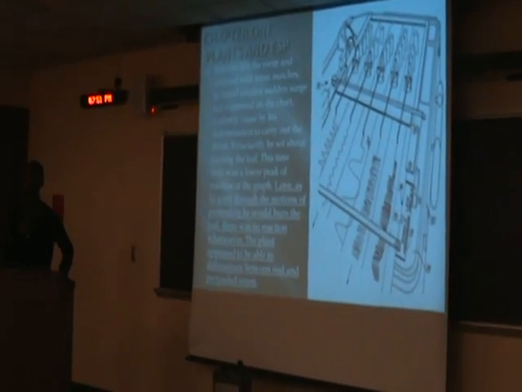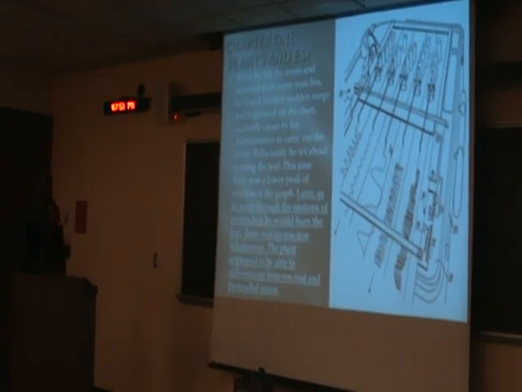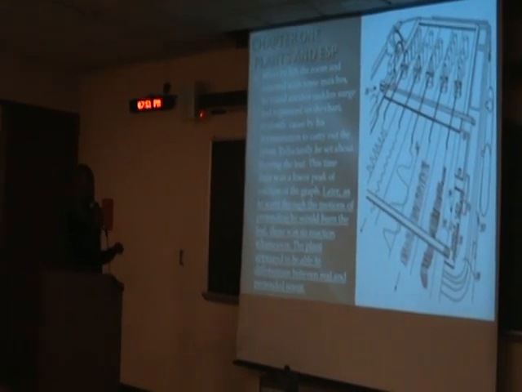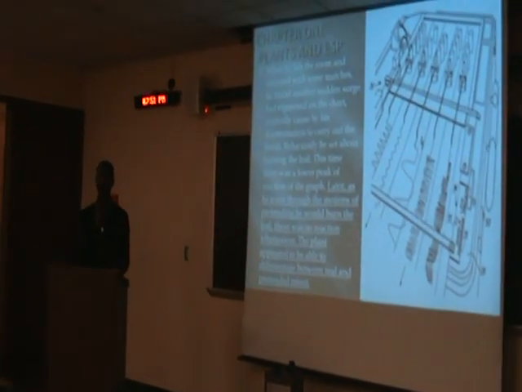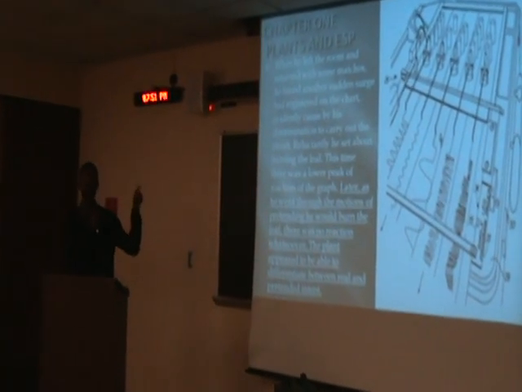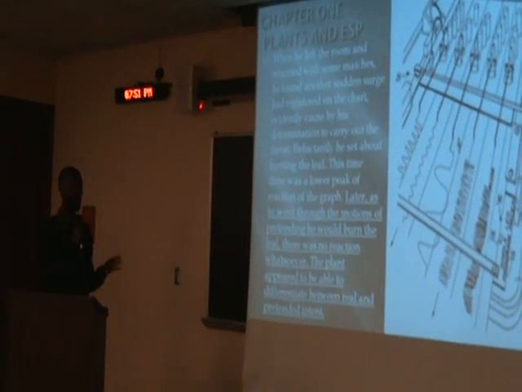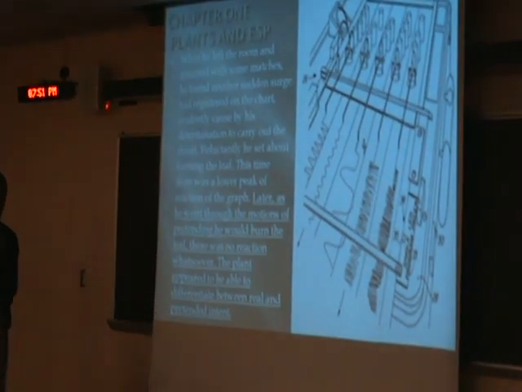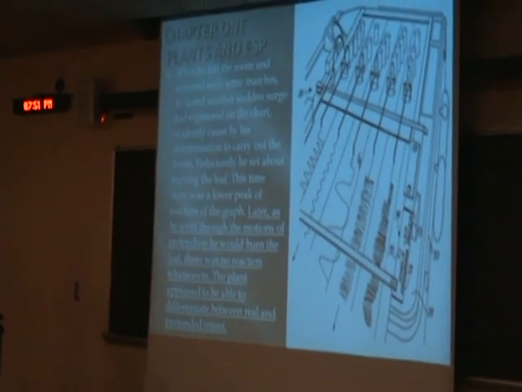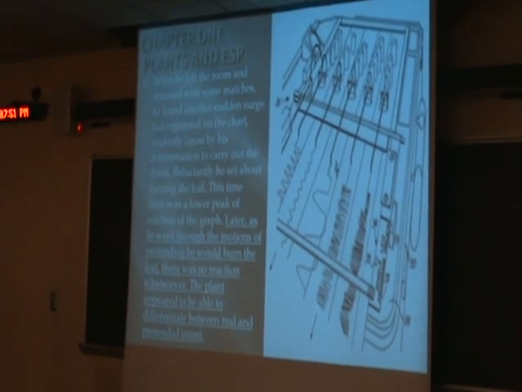So in chapter 1 here, we're dealing with plants and ESP, this extra perception that they are able to have. Now, what we come to find out is later, as he went through the motions of pretending he would burn the leaf, there was no reaction whatsoever. The plant appeared to be able to differentiate between real and pretended intent.